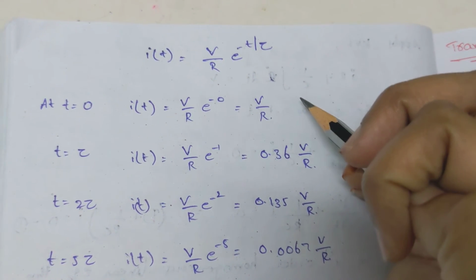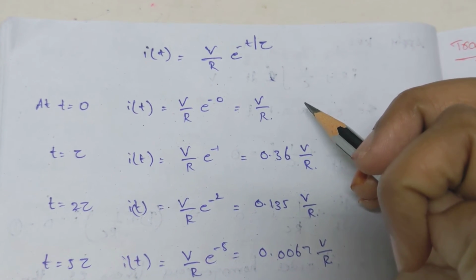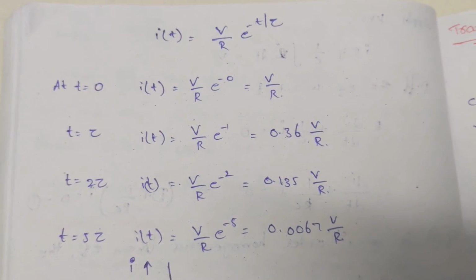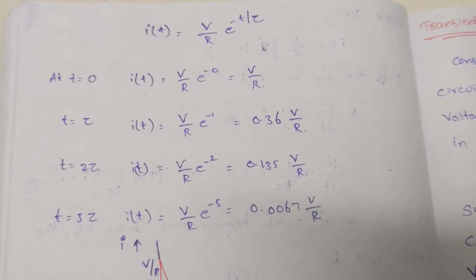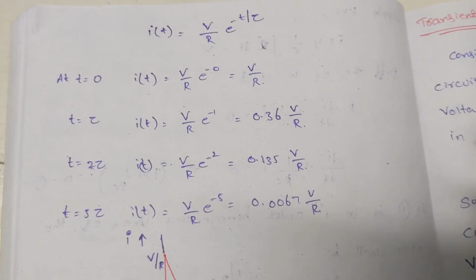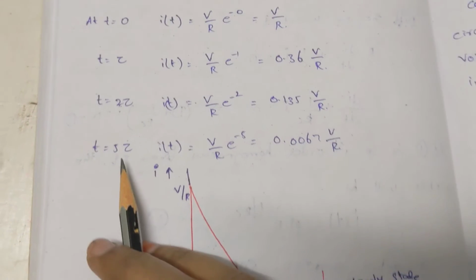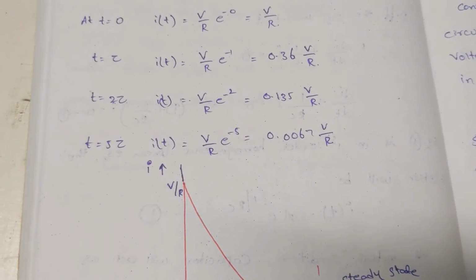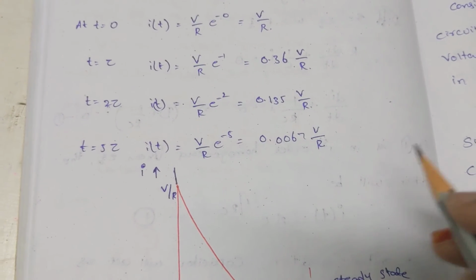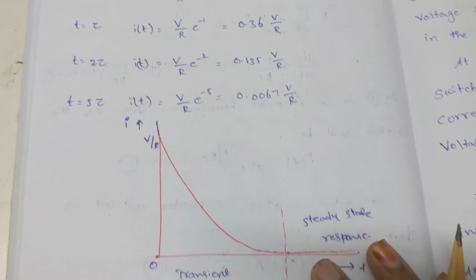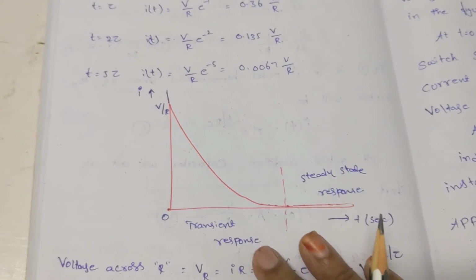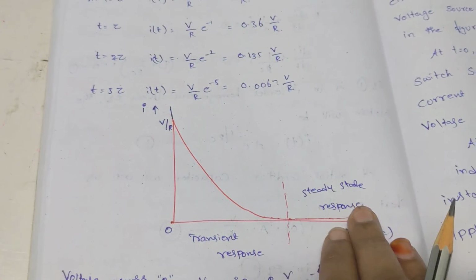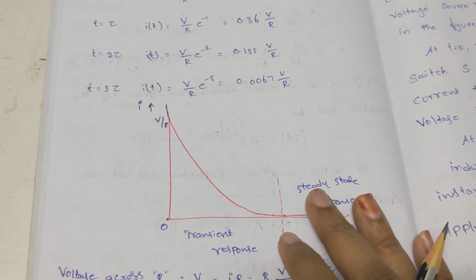That means at a time of tau itself, the value reaches 36% of your initial value. At last, if you calculate it for 5 tau, it is almost equal to 0, not exactly 0: 0.0067 V by R. So when I plot these values, this will be the waveform.